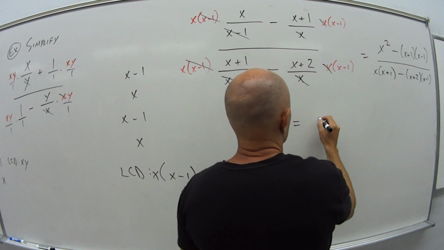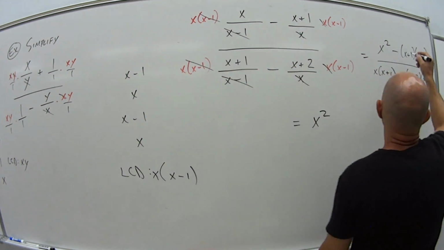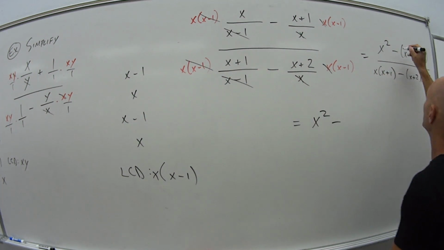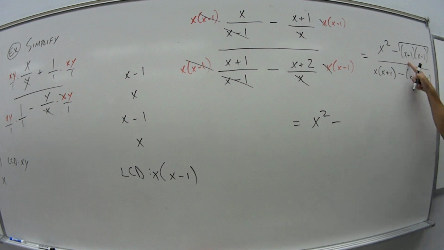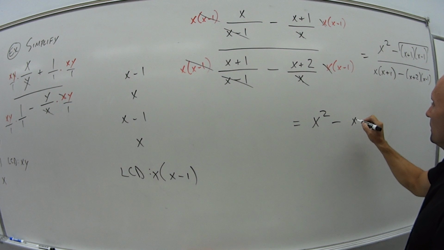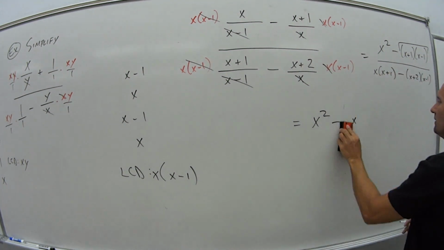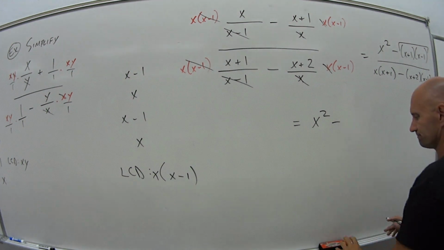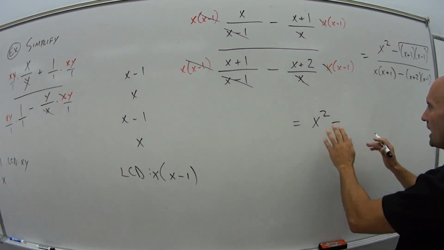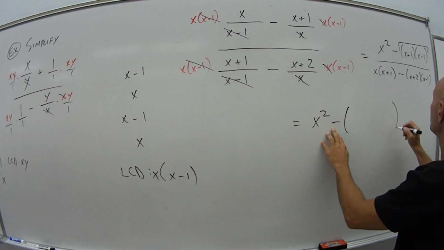So here I have x squared, minus, and if I FOIL this, what do I have here? I have a difference of squares. So it's minus, and I would use parentheses a lot. If you have minus something, what are we subtracting?